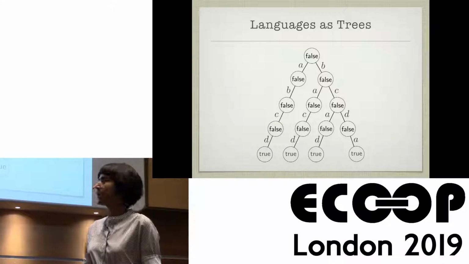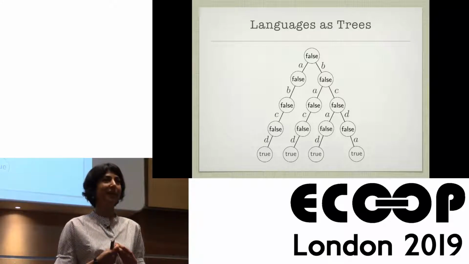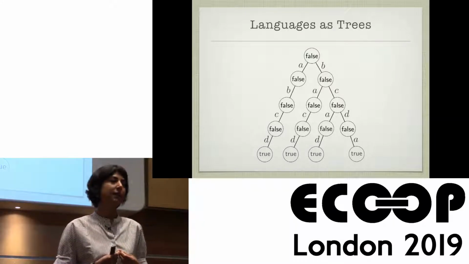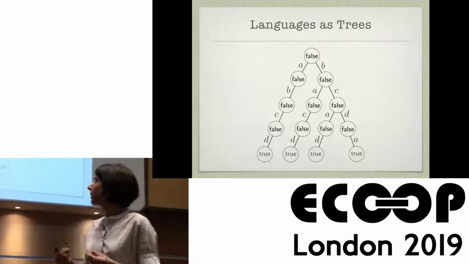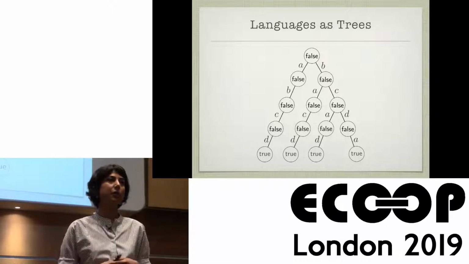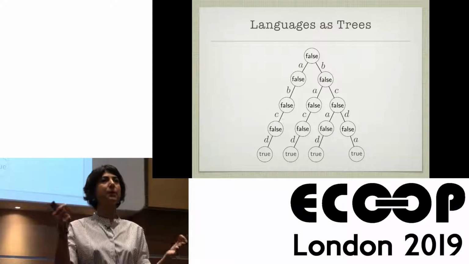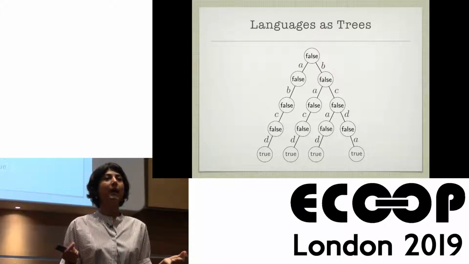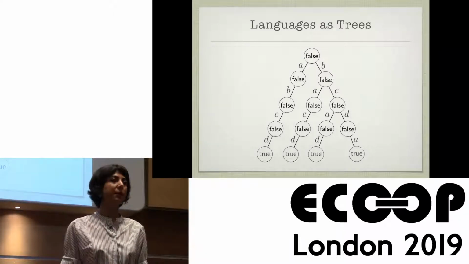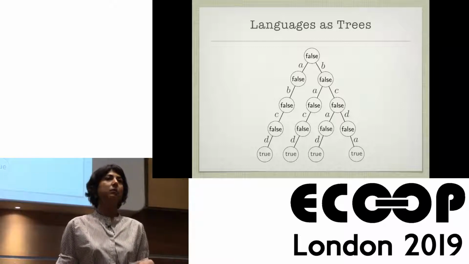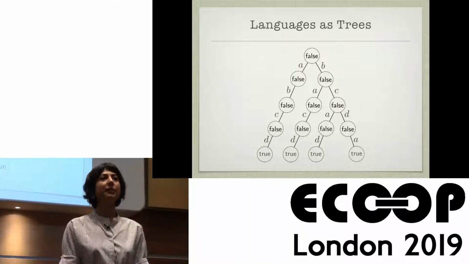But why trees? There is a simple, in hindsight, observation, and that is that a tree represents a language. So think about a Boolean labeled tree like the one that you see on the slide. Any path from the root to a true can represent a word in that language, and any path to a false is something that we don't care about. And now, think about an infinite tree. An infinite tree can represent an infinitary language.